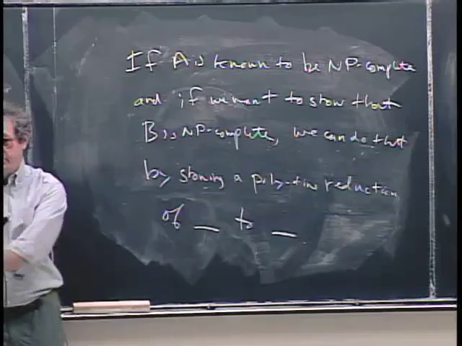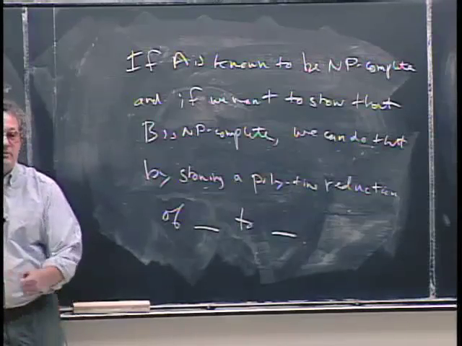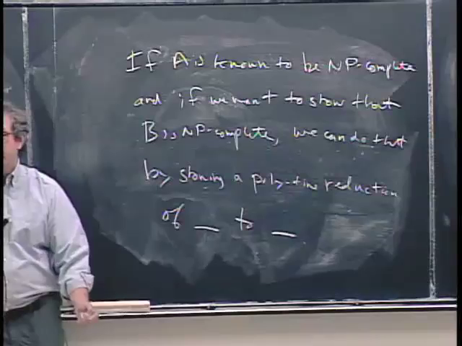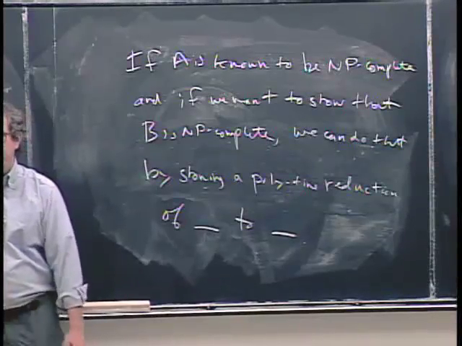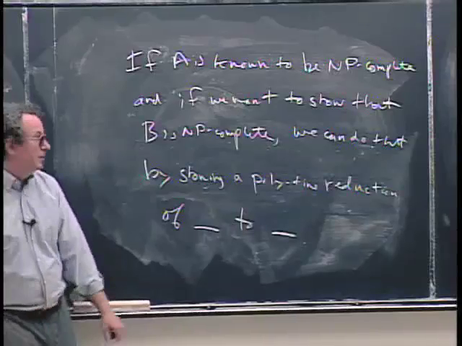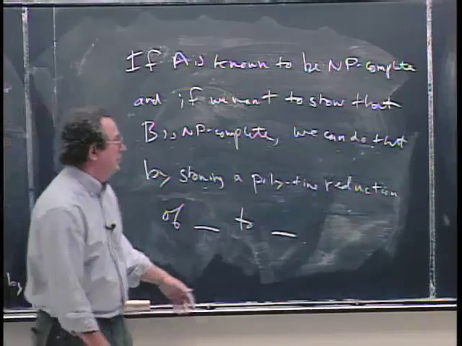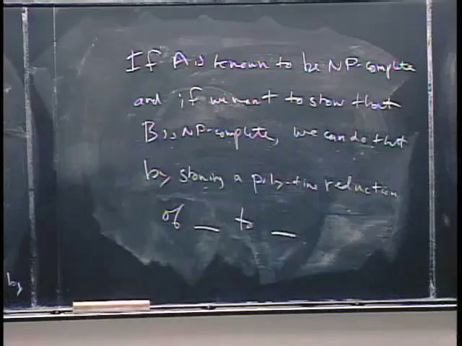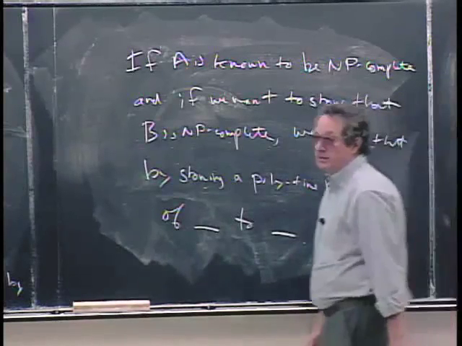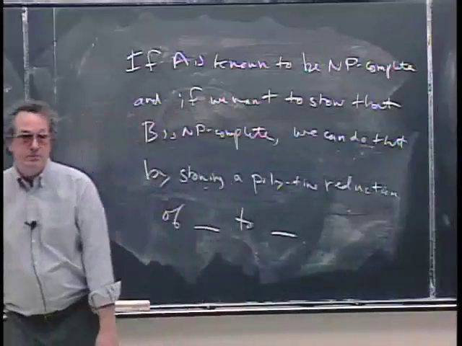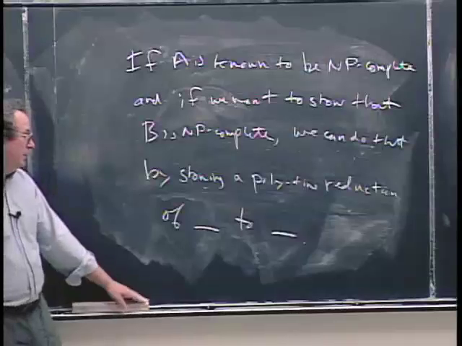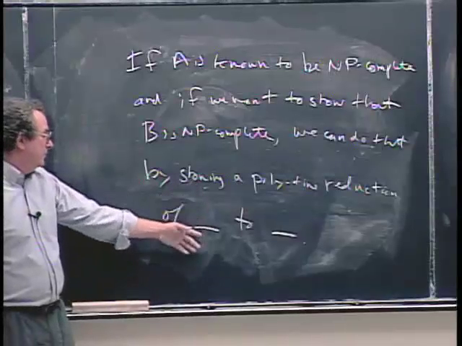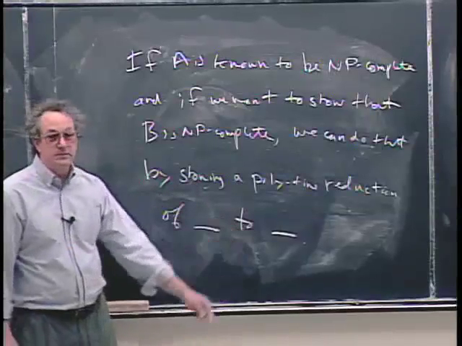Undecidable was bad, right? We wanted languages to be decidable. Now we have this other thing called NP-complete. NP-complete is bad in a sense because here we have this belief that no NP-complete language is in P. P is good. If no NP-complete language is in P, then that's a bad thing.